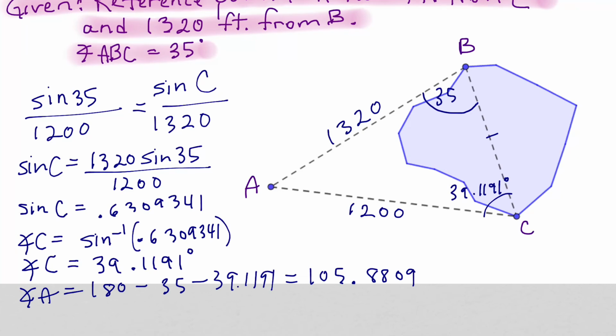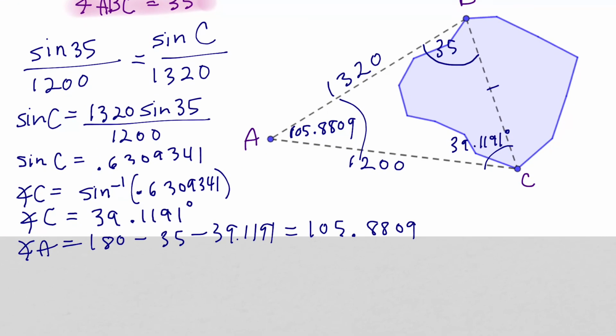All right, so my diagram is clearly not to scale, but it doesn't really matter. In geometry, you just assume that your diagrams reflect the numbers you're given, not necessarily the scale. Okay, so we've got that. Now we can figure out side BC because we've got that angle opposite side BC.